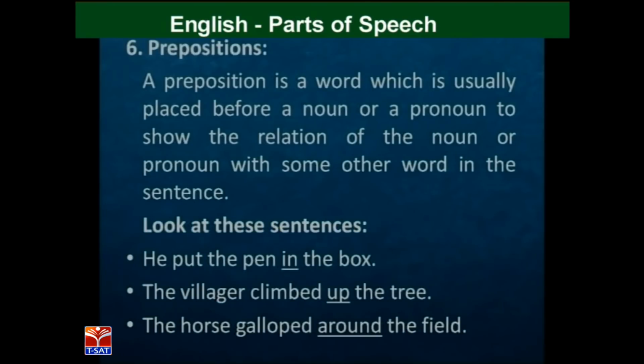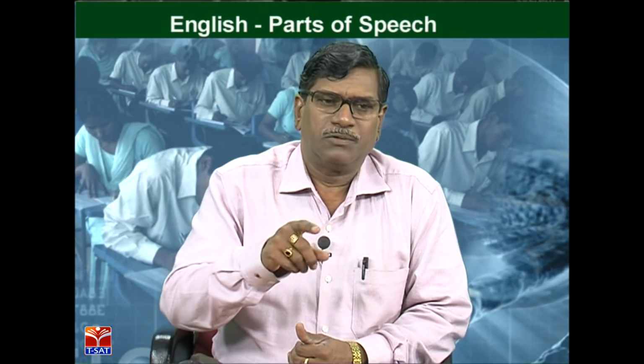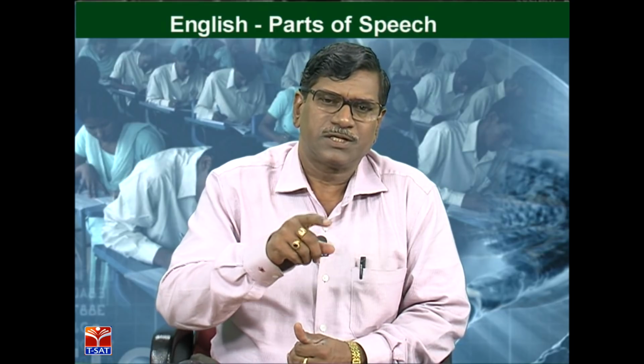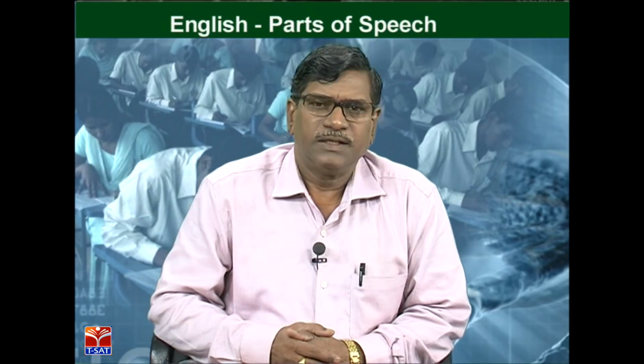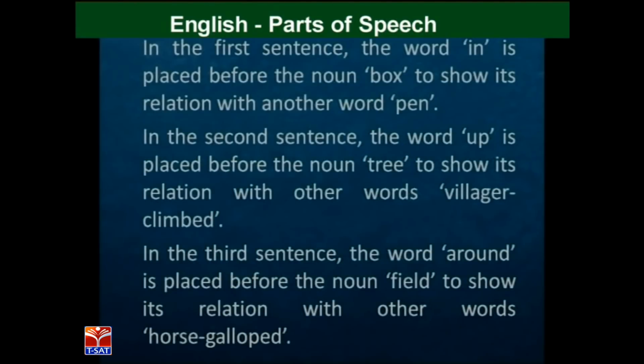That is why a preposition is a word which is normally used before a noun or a pronoun to show its relation with some other word in the sentence. That means, in the first sentence, the word in is placed before the noun box to show its relation with the word pen.